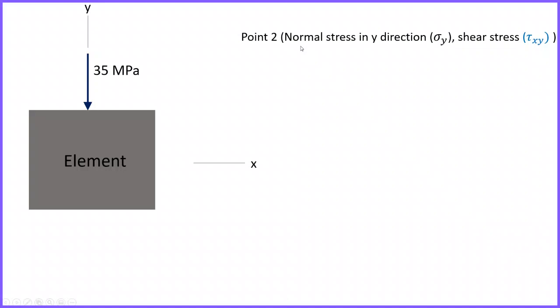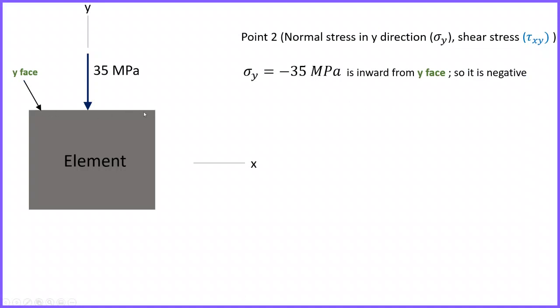Now consider point 2. As I said before, the x coordinate of point 2 is the normal stress in the y direction, and the y coordinate is the shear stress. Now this is my y face, and sigma y is actually minus 35.